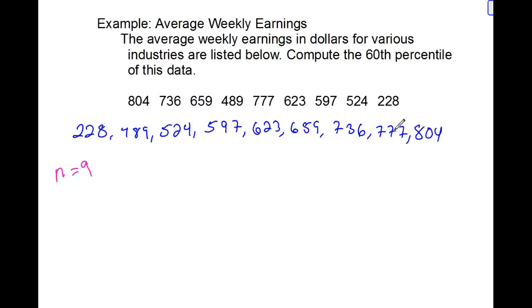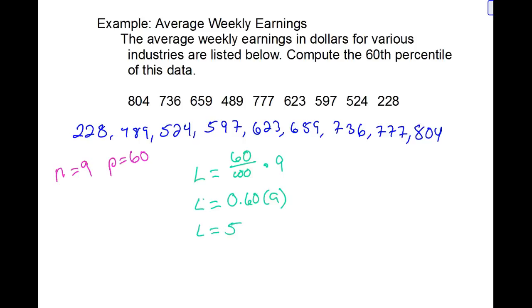And I want to find the 60th percentile. So that means that p is equal to 60. So I need to find that location. I'm going to do 60 divided by 100 times my 9, because that's how many numbers I have. So 60 divided by 100 is 0.60, and then I'm going to multiply that by 9.